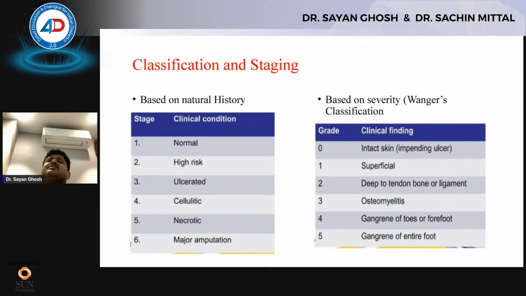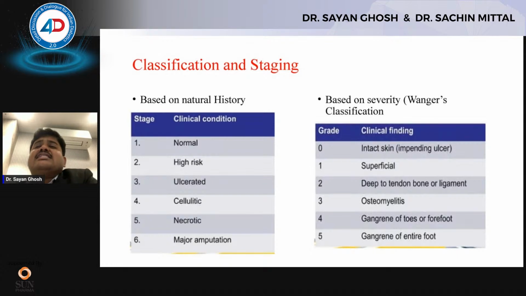Number 3, the patient has some peripheral vascular disease, with intermittent claudication, rest pain in the foot, impalpable or very poorly palpable peripheral arterial pulses, and the ankle brachial index is decreasing day by day. Those are the high risk patients for foot ulcer formation.